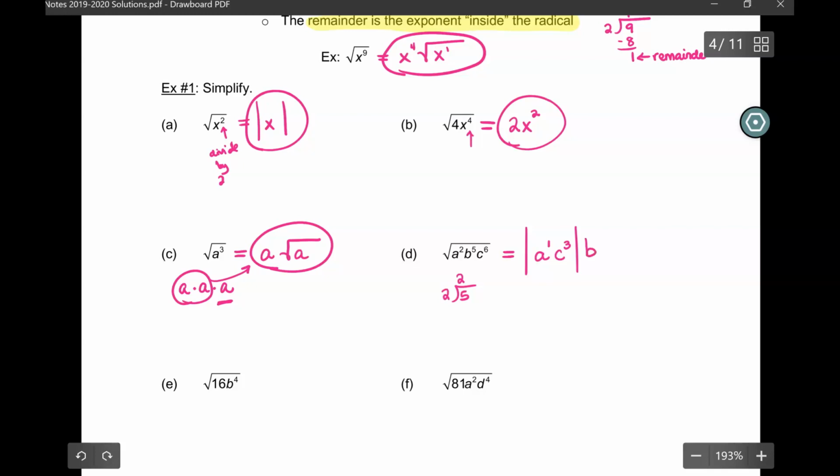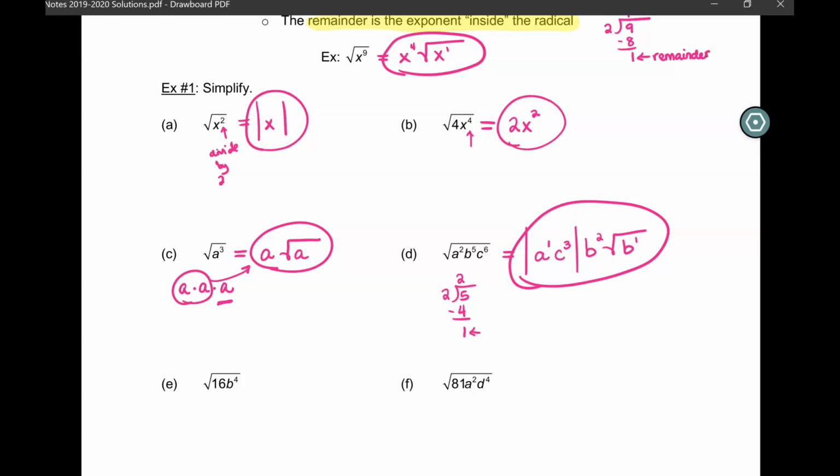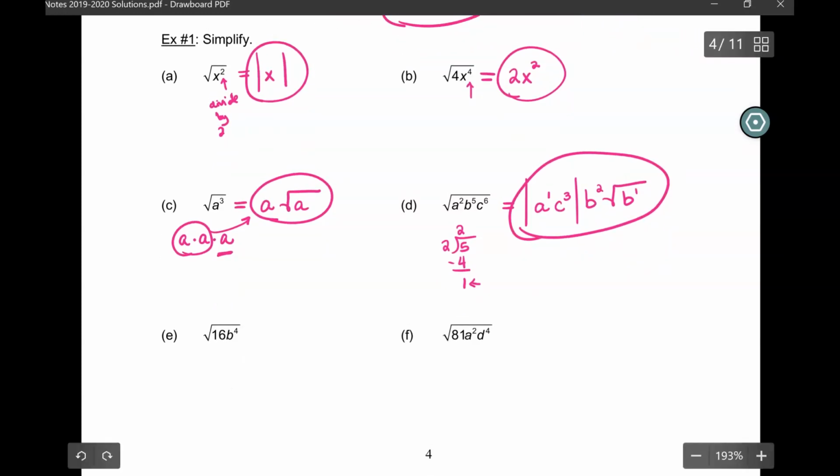So I'm going to have b to the 2nd power. And I have 1 as my remainder. So that means I have a square root of b to the 1st at the end. And here's my answer. You don't need to put those first powers, but you can leave them. It won't make any difference.